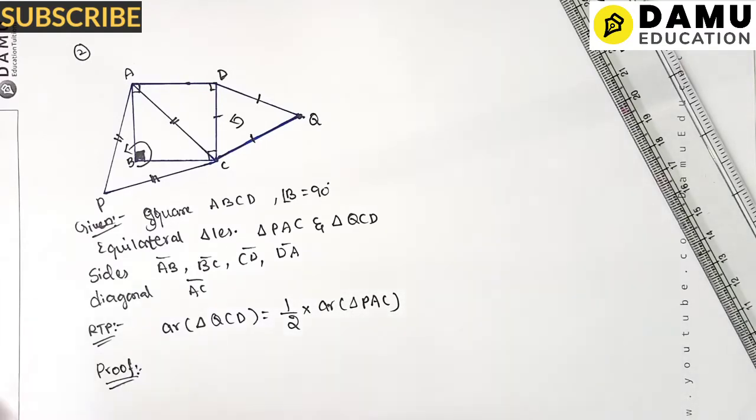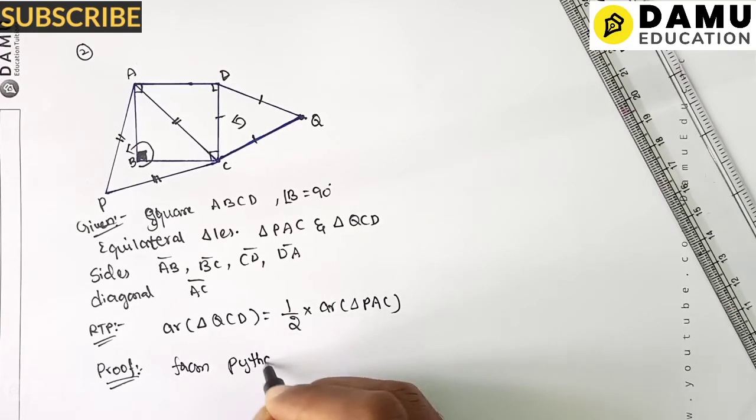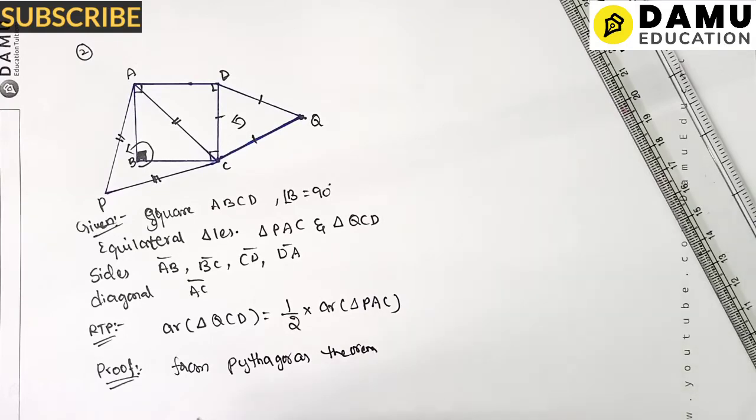So the proof here, let's take it from the Pythagoras theorem. In triangle ABC, AC square will be equal to AB square plus BC square.